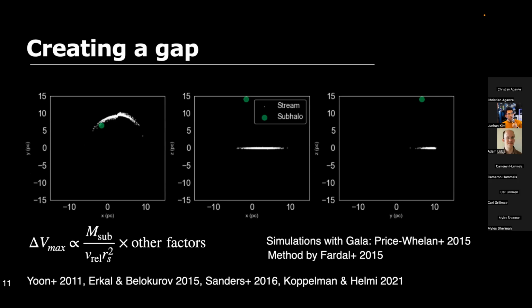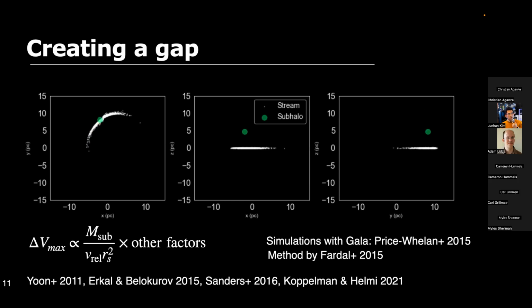So to do that, I use this code by Adrian Price-Whelan called Gala. We integrate a stream, starting with Palomar 5 as an example, in a potential that's like M31. So it's an M31 potential that's like a disk and a halo. Let me go through the figure and say what I'm showing. This first panel is just the stream that's being integrated.